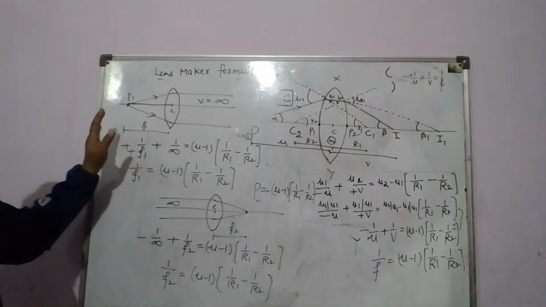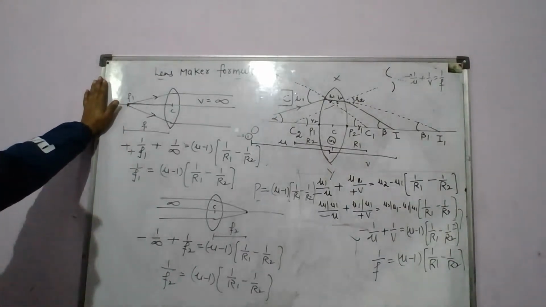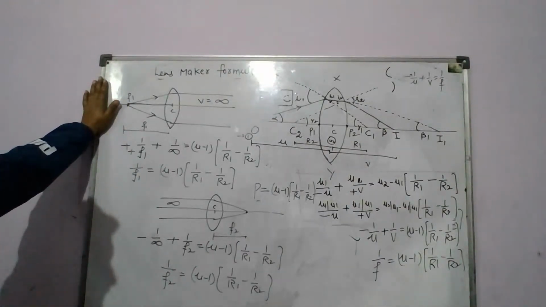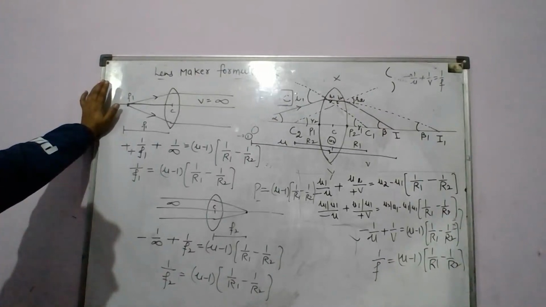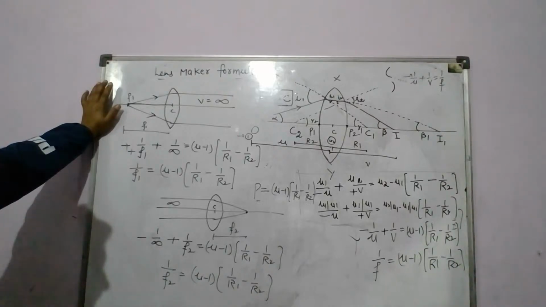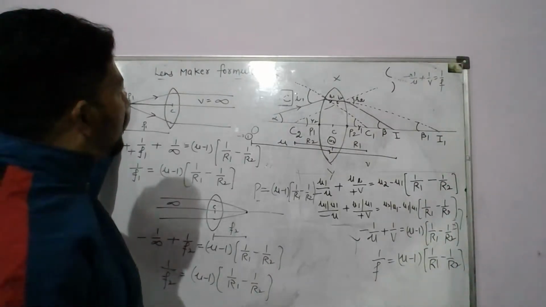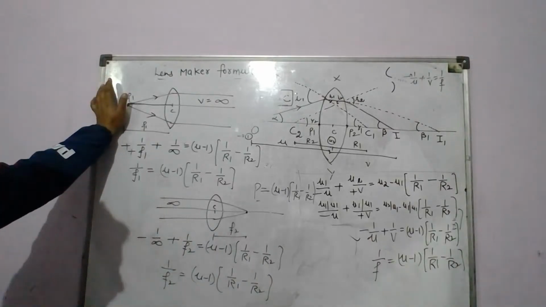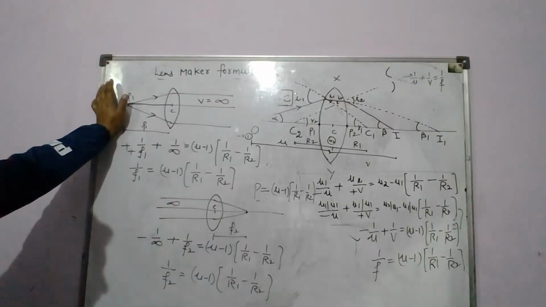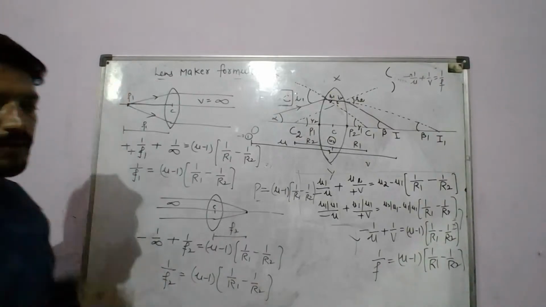And we solve some numericals on this equation. So how to solve? Suppose a biconvex lens with two faces of the same radius of curvature is manufactured from glass of refractive index 1.55. What should be the radius of curvature if the focal length of the lens is 20 centimeter?